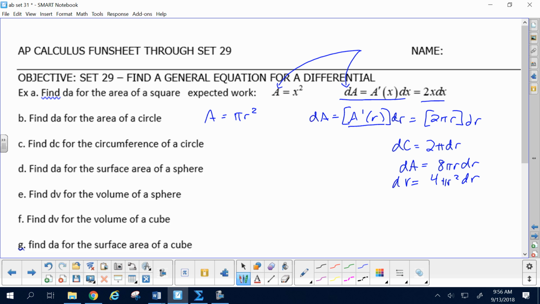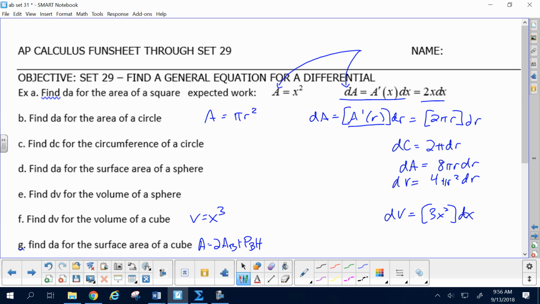Now the volume of a cube. I guess you could use a lot of different variables. You could use sides, edge, whatever. But if I used volume of a cube as x cubed, then my variables would be dV is 3x squared dx, or whatever your variable used. Surface area of a cube, you could say surface area of a cube is 2 times the area of the base plus the square root of the base times the height.